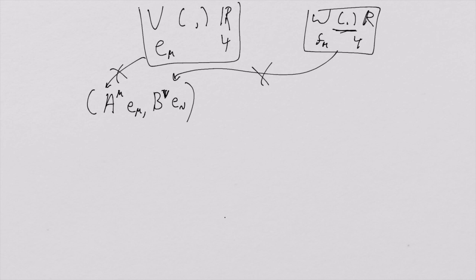W has its own inner product, and it would take its own two vectors and putting into its inner product. You can't do it. You can only use the inner product with vectors from the space to which it's assigned.